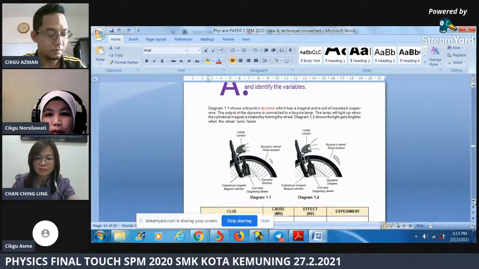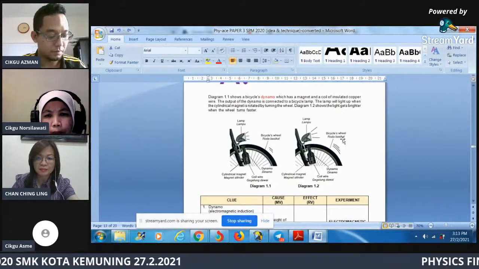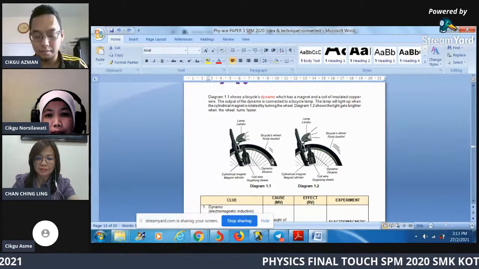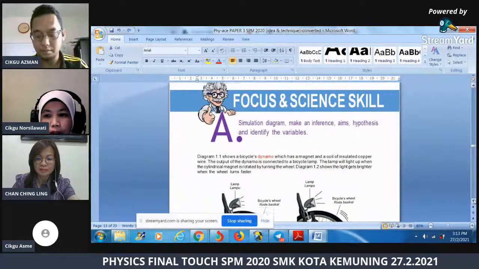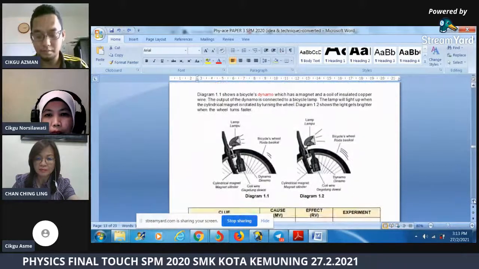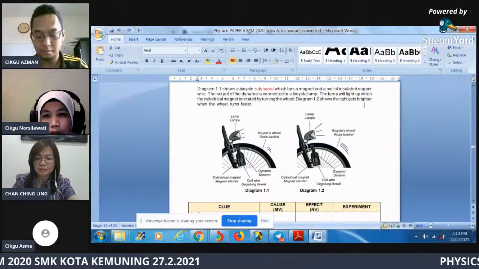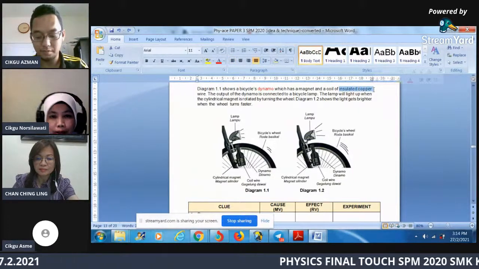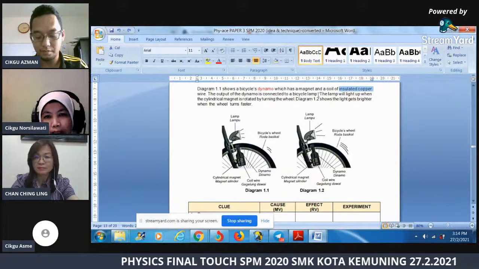Normally the question for Section B comes up with a situation. For example, this is a bicycle dynamo, which has a magnet and a coil of insulated copper wire. The output of the dynamo is connected to a bicycle lamp.